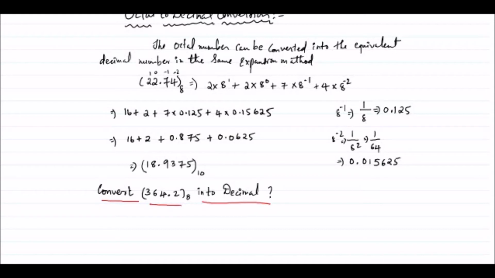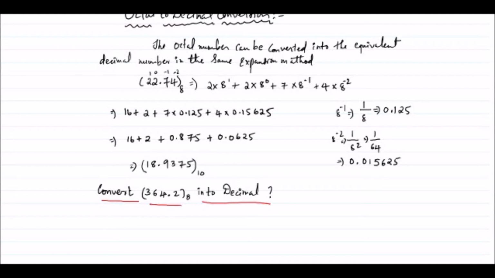I have written here the reciprocal: 8 power minus 1 is nothing but 1 by 8, and 1 by 8 is nothing but 0.125. And 8 power minus 2 is nothing but 1 by 8 square. 8 square is 64.